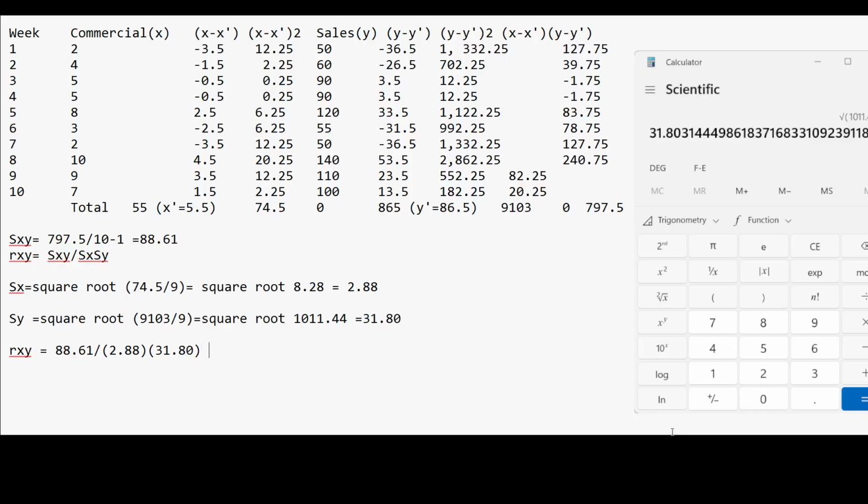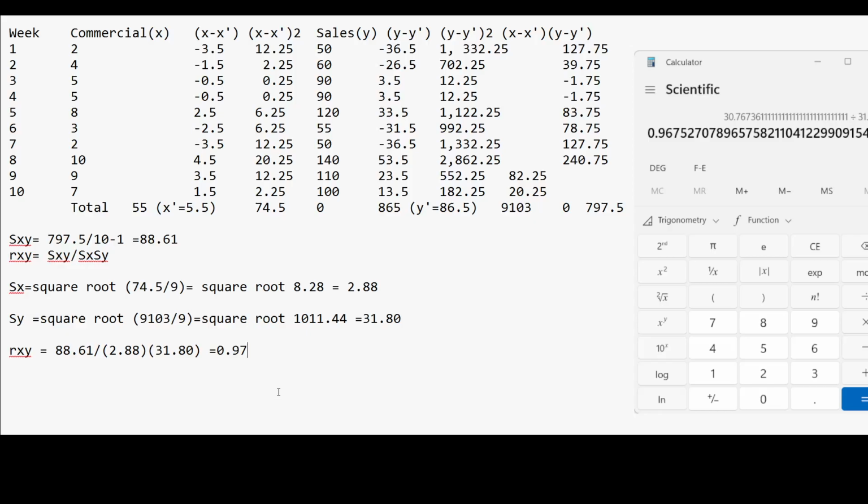So rxy equals 88.61 divided by 2.88 divided by 31.8 equals 0.967, or 0.97.